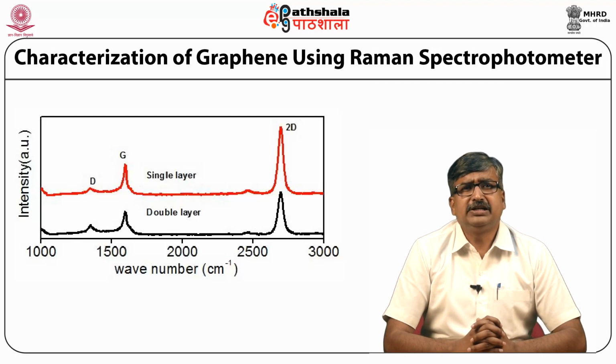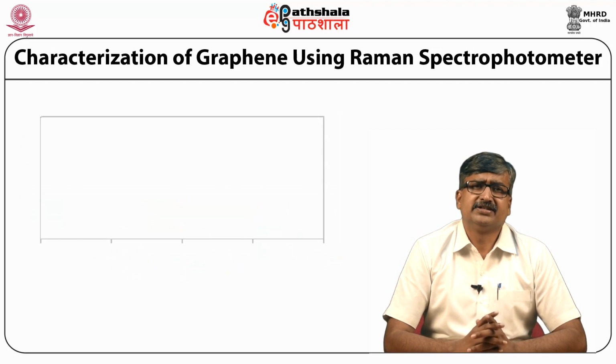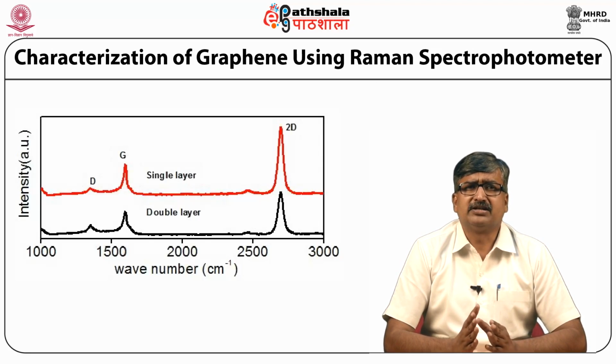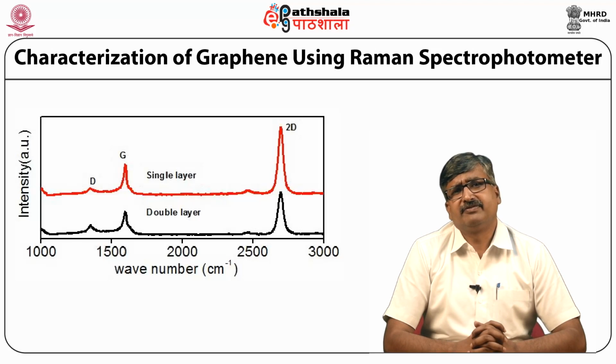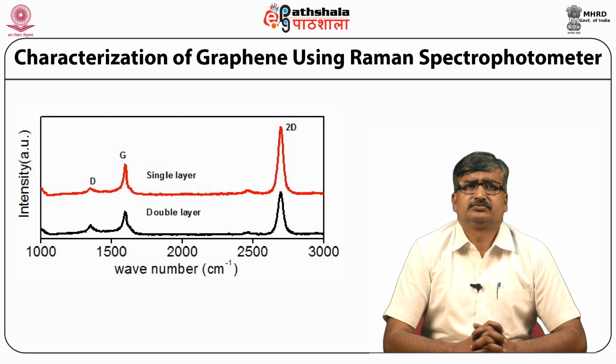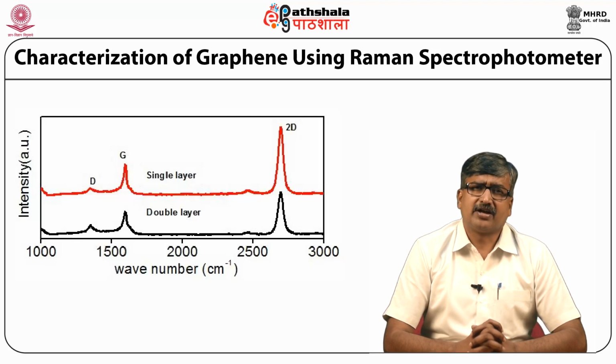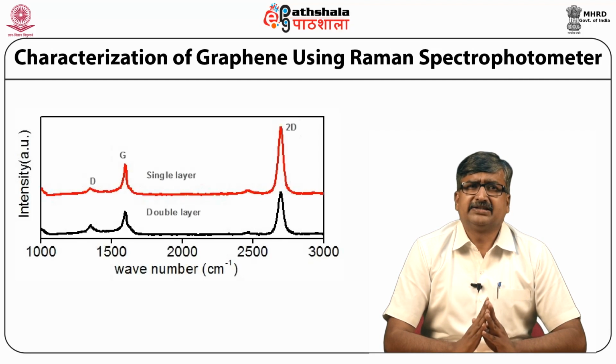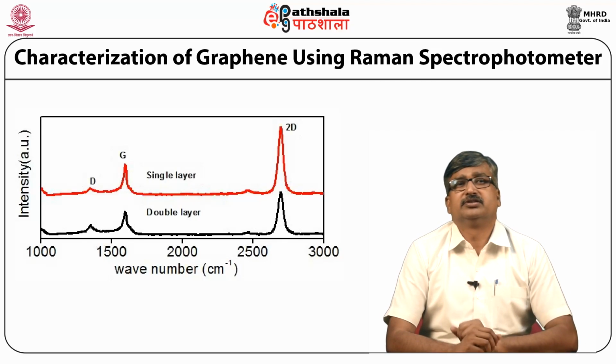However, the utility of Raman lies in the ability to differentiate single, double, and triple layers of graphene. In other words, Raman is capable of determining layer thickness at atomic layer resolution.